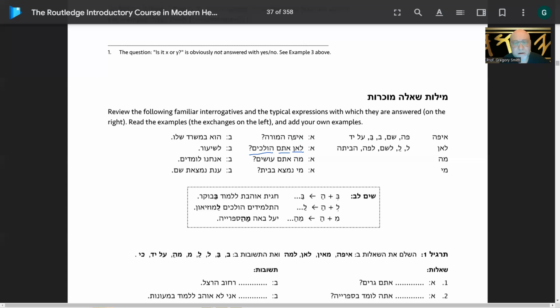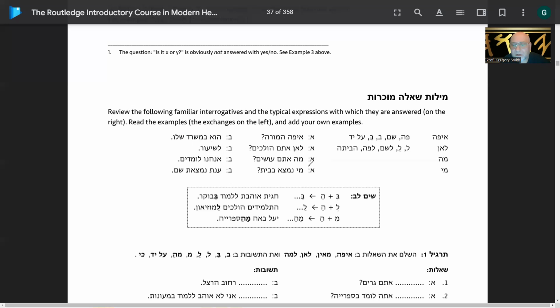Le'an means where. So to where, atem olechim, to where are you all going? Okay, and the answer is lashiur, to lessons, to the lessons or to class. Lashiur. Yeah, that's right. לשיעור. Yeah, to the lessons.